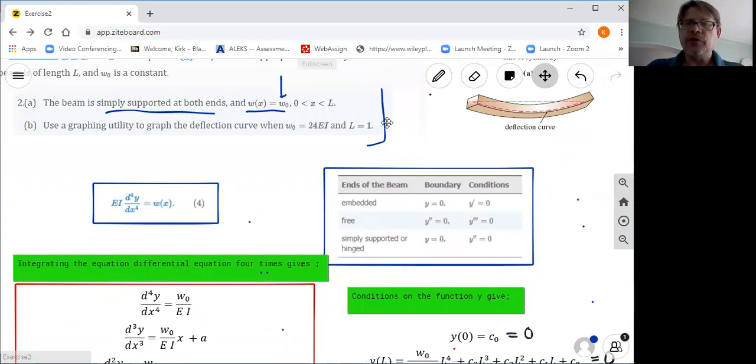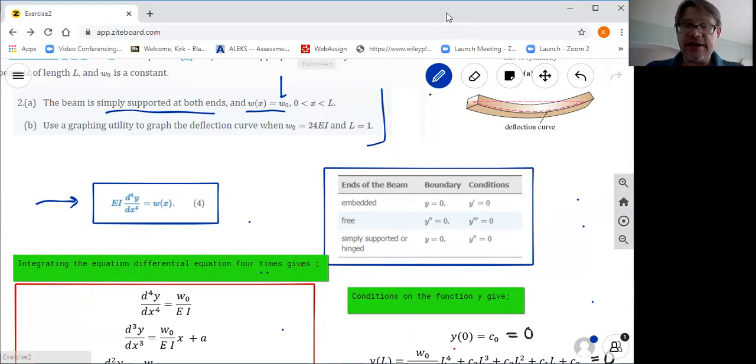If we ask what differential equation we want to start off with, it's this one right here. The exercise makes reference to equation 4, and this is the differential equation that's derived in your text for predicting the deflection curve of the beam based off of the load function.